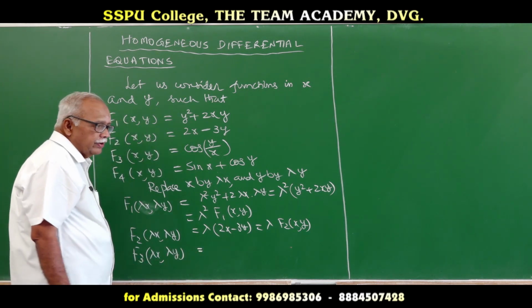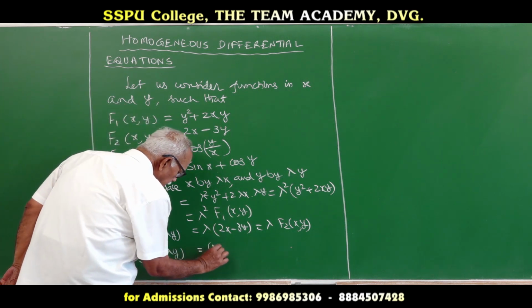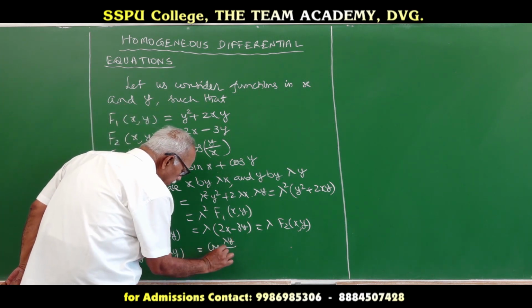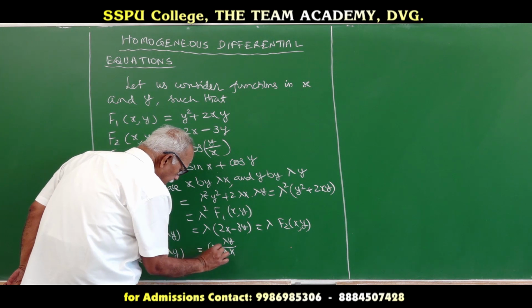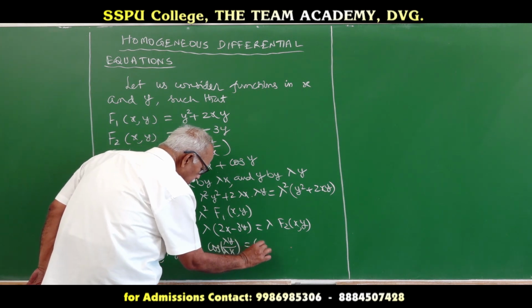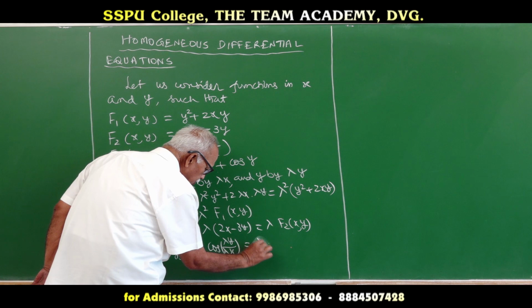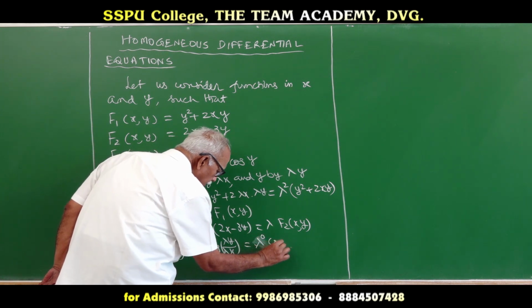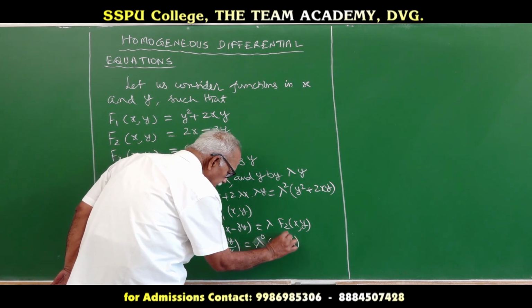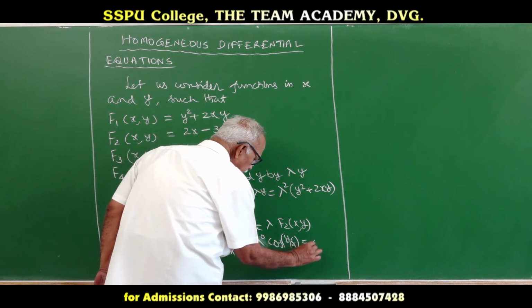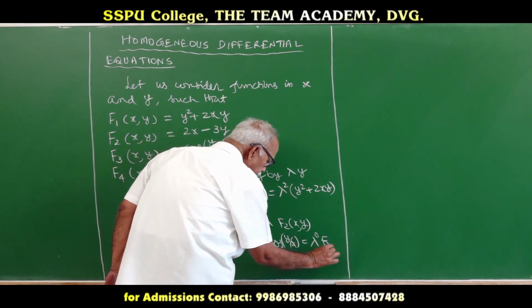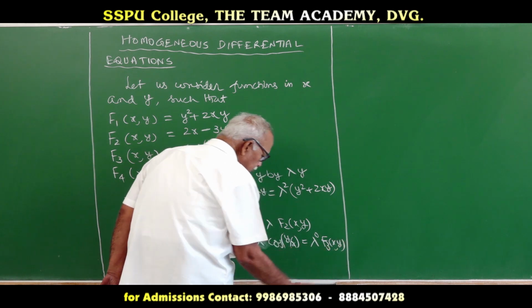Cos of lambda y by lambda x is equal to lambda power 0 into cos of y by x, so that is lambda power 0 into f3 of xy.